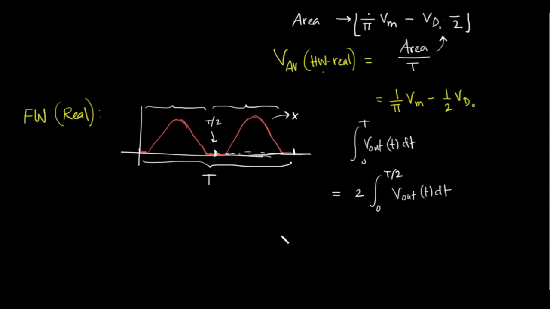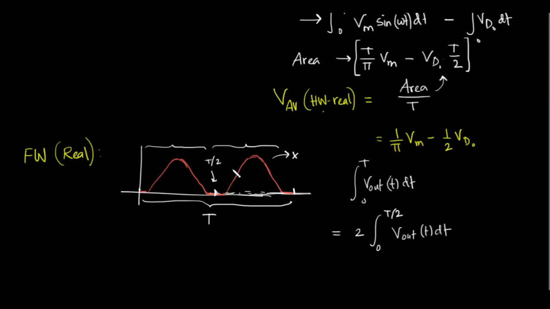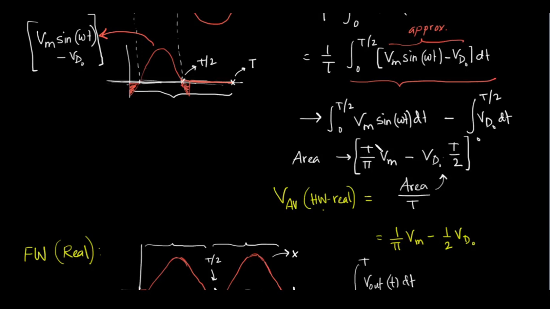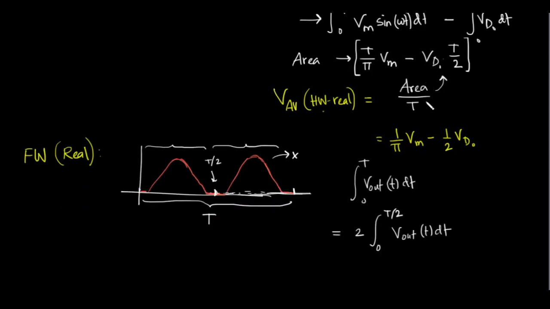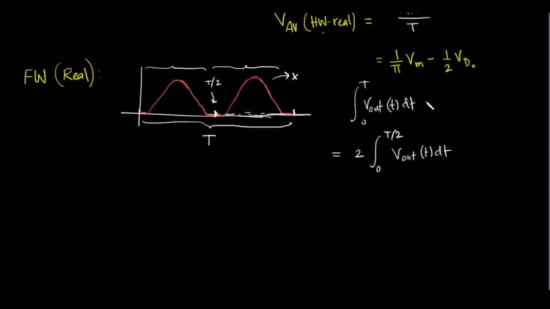Now, what is the expression of Vout(t)? For a half wave rectifier, the expression was Vm sine omega t minus Vd naught. If the input was Vm sine omega t, then the output would be Vm sine omega t minus Vd naught. Why? Because one diode was consuming a part of the voltage. For a full wave rectifier, how many diodes will turn on? We will actually have 2 diodes.